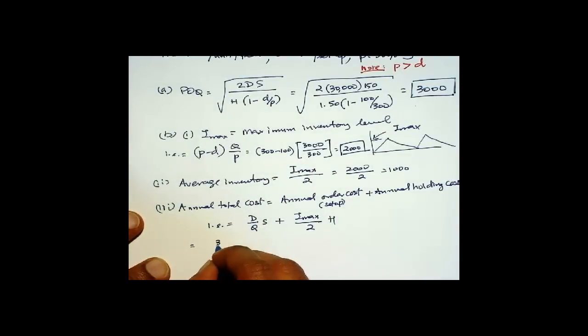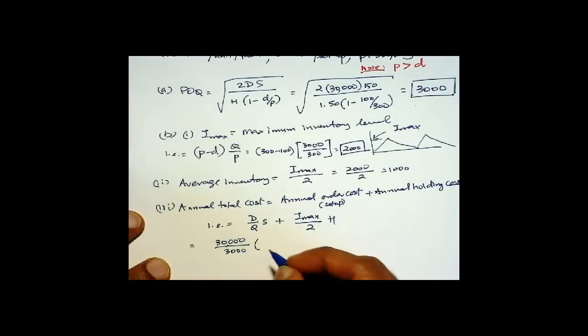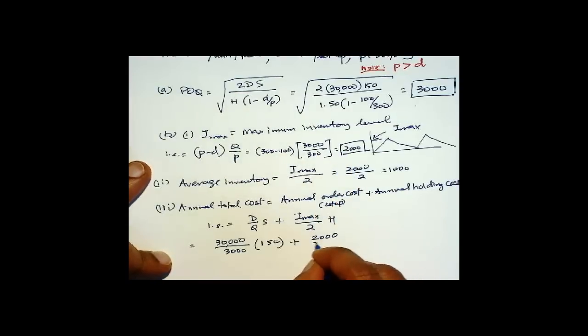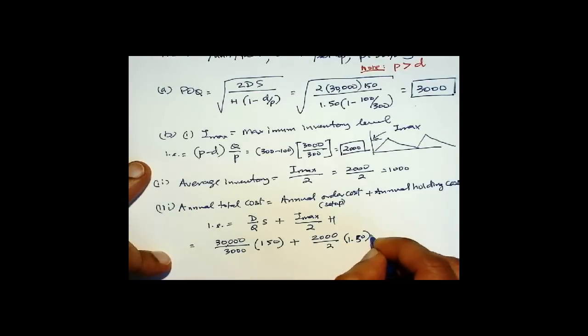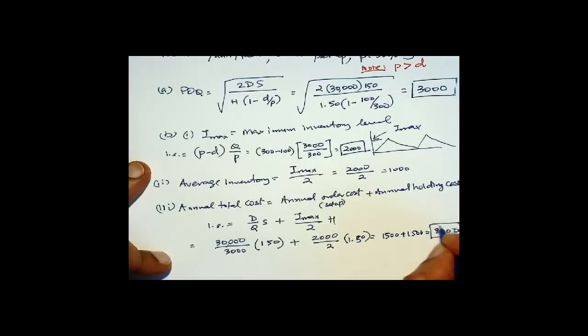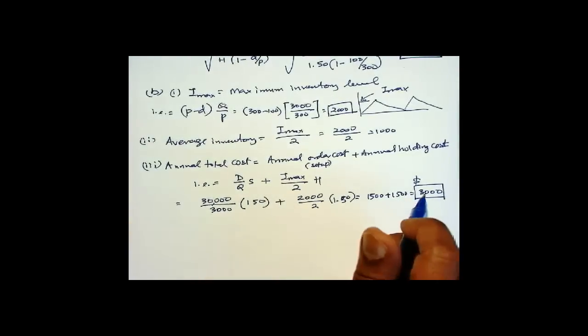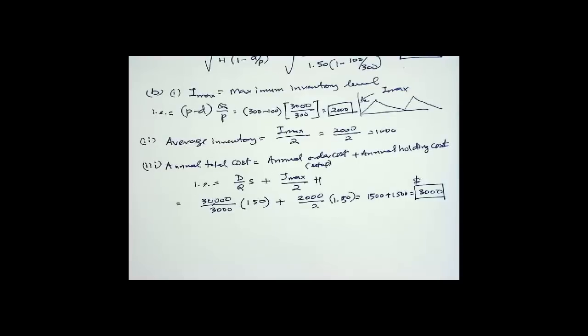So this is equal to 30,000 divided by 3,000 times 150, plus I sub max, 2,000 divided by 2 times 150, so that is 1,500 plus 1,500 is $3,000. So once again you see these two costs are equal. That's the foundation upon which EOQ or POQ is modeled.